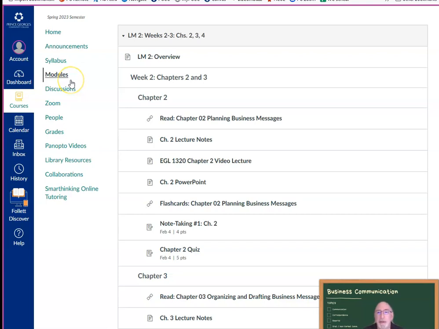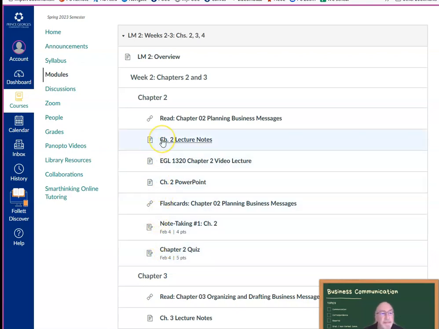Click on Modules in the course menu, scroll down to LM2. Be sure to view the lecture notes and the Chapter 2 PowerPoint before you do the note-taking assignment and the Chapter 2 quiz.